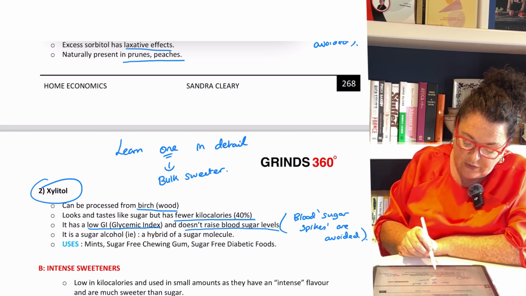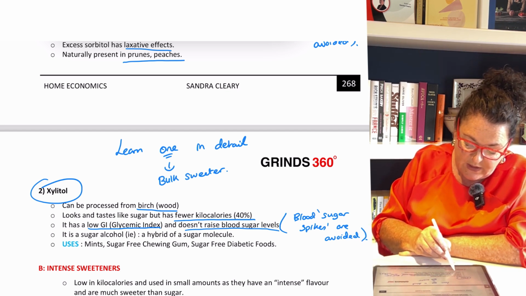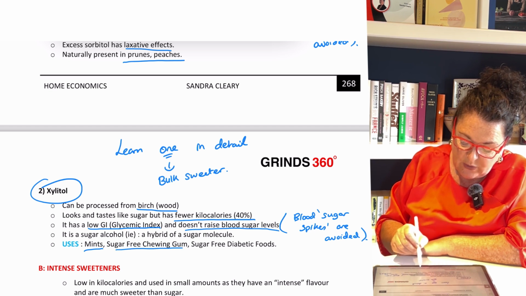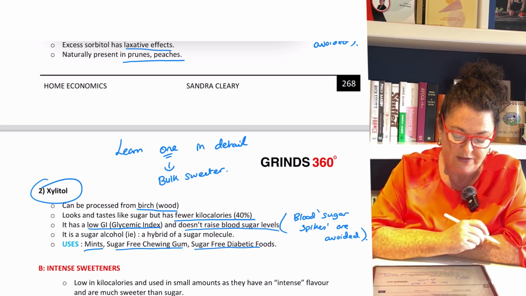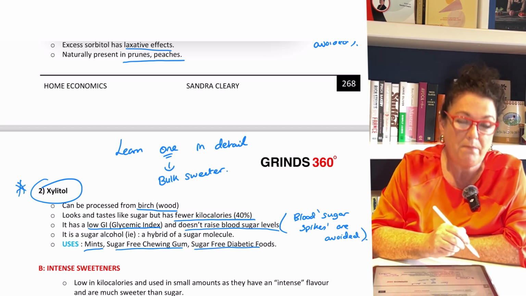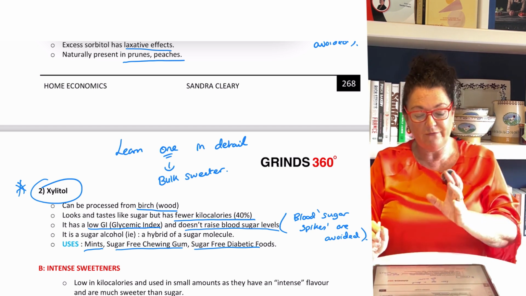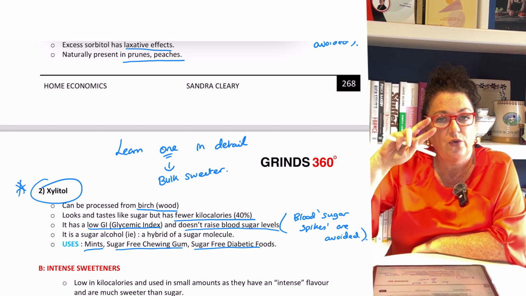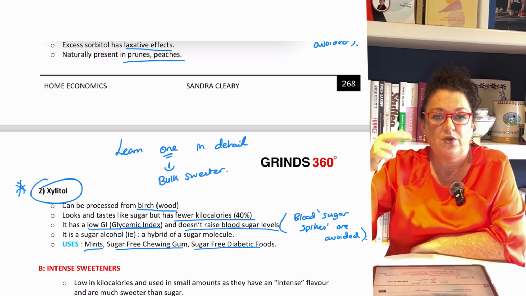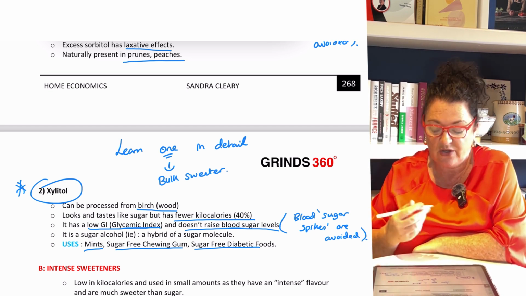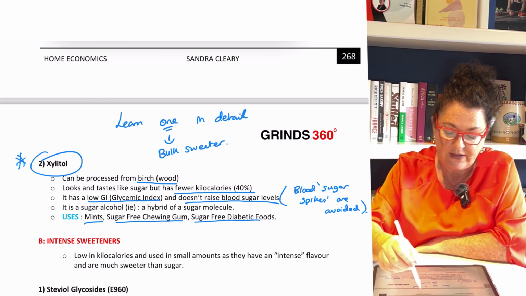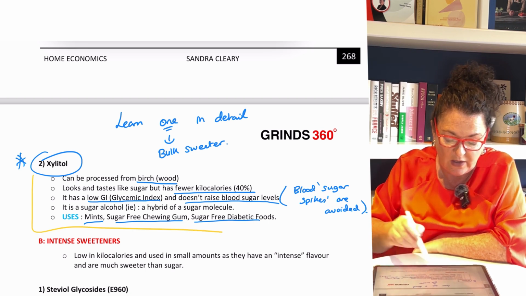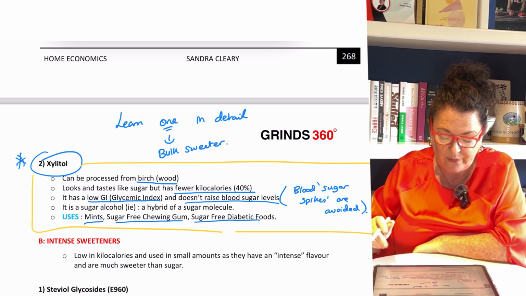It's a hybrid of a sugar molecule used in mints, sugar-free chewing gum, and sugar-free diabetic foods. So maybe that might be an option for you, that you would learn about the xylitol. So know the names of the two, the sorbitol and the xylitol, and then learn one in detail. So maybe we will just highlight that one here.